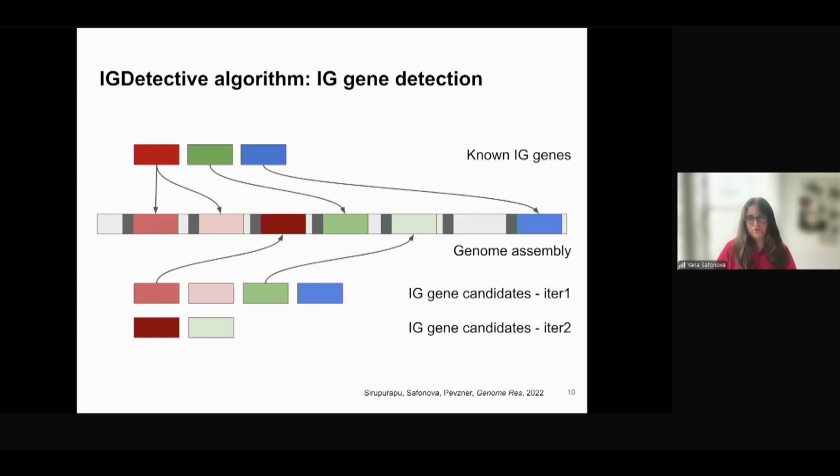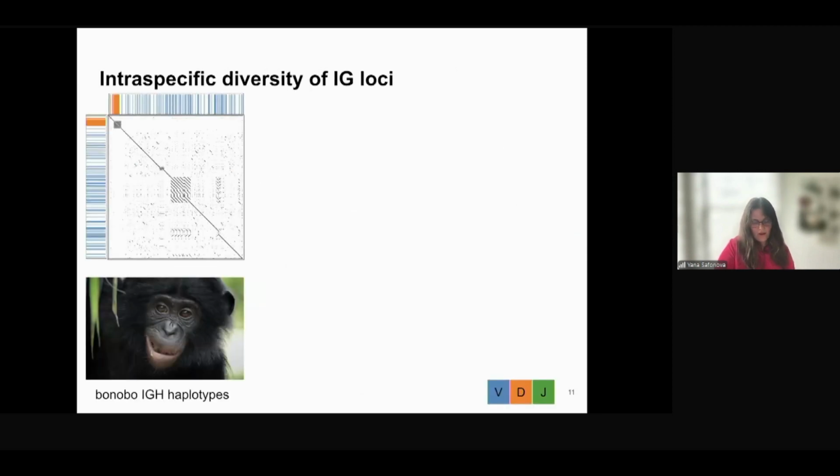And after that, we use Ig gene candidates. Of course, we are not ready to build germline sets. That's something that you've been discussing in these meetings a lot. However, it still provides us with an approximation of what immunoglobulin genes can look like in a given species. And that's what we are using for our analysis. Our first question was to understand what the population diversity of immunoglobulin genes and loci is across different species.